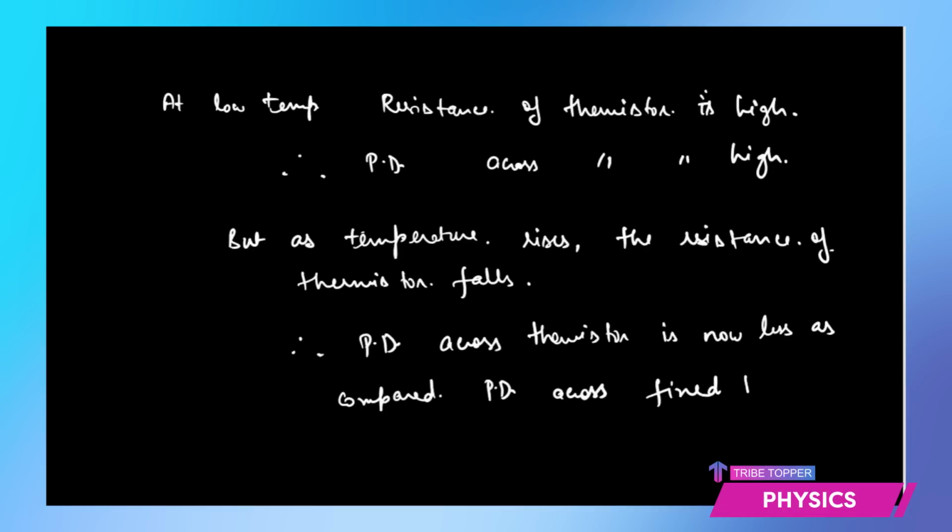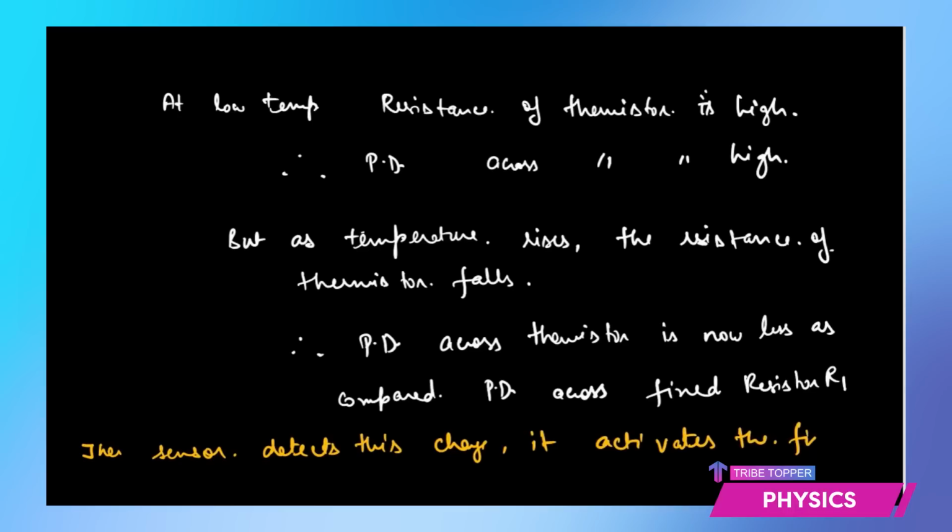So across the fixed resistor R1, now the potential drop increases, and the potential drop across the thermistor decreases. So immediately the sensor detects this change, and as soon as it detects this change, it activates the fire alarm.